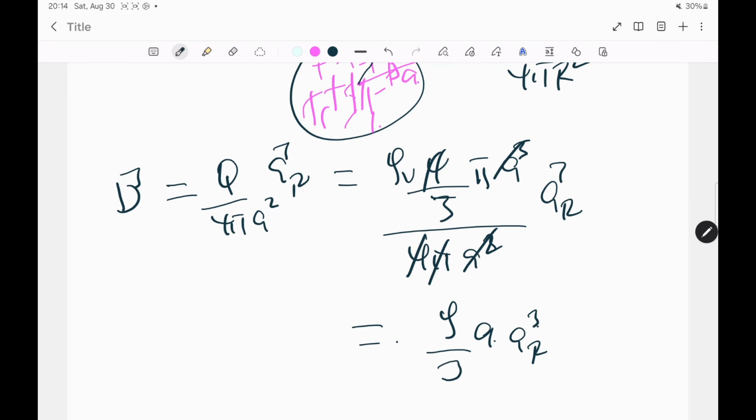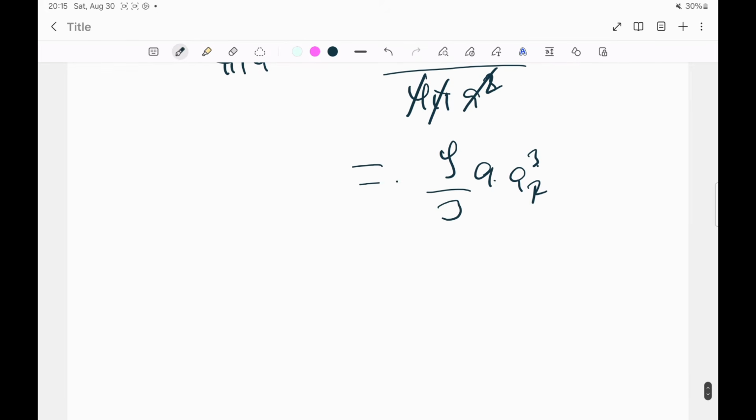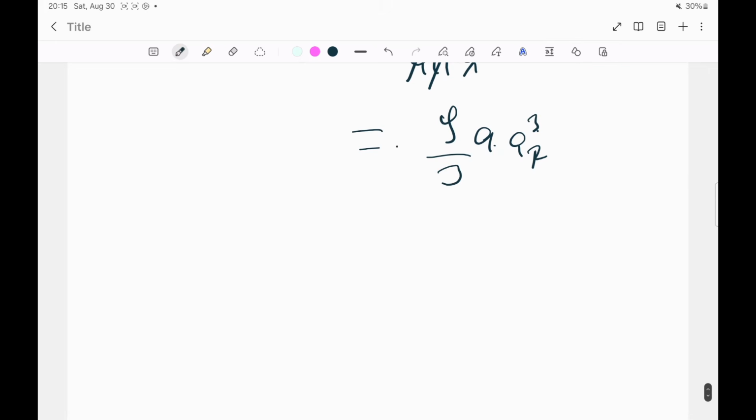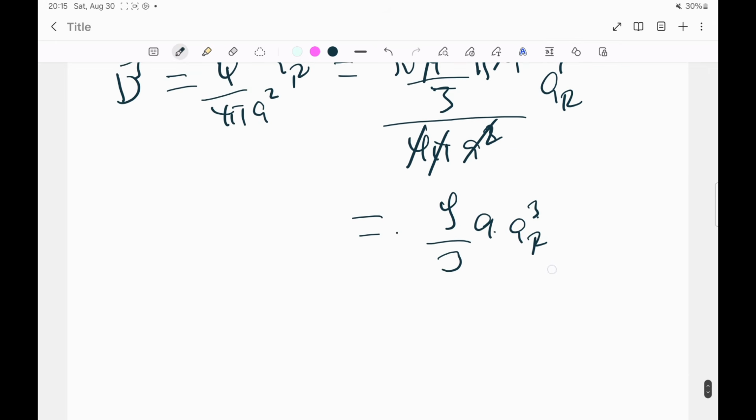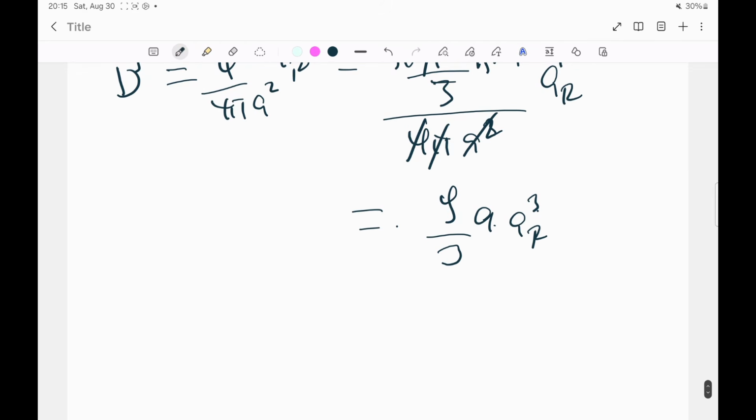So we have something of this nature for R equals A. Now we have gotten the electric flux density, so let's get the electric field intensity for this as well.